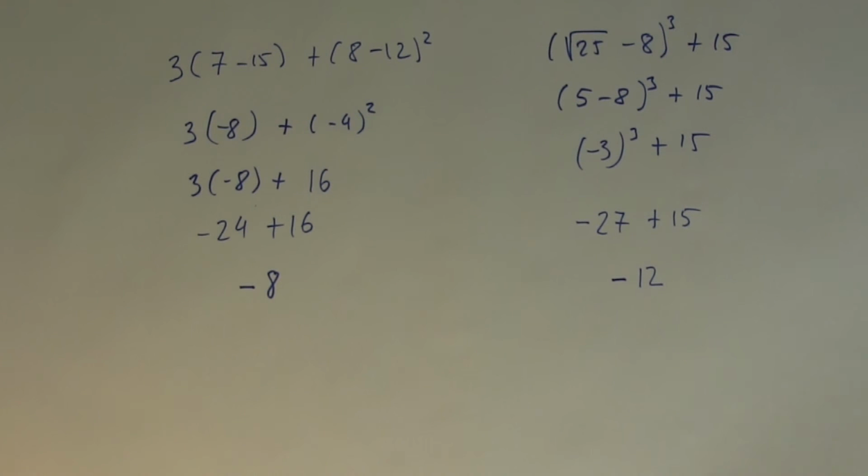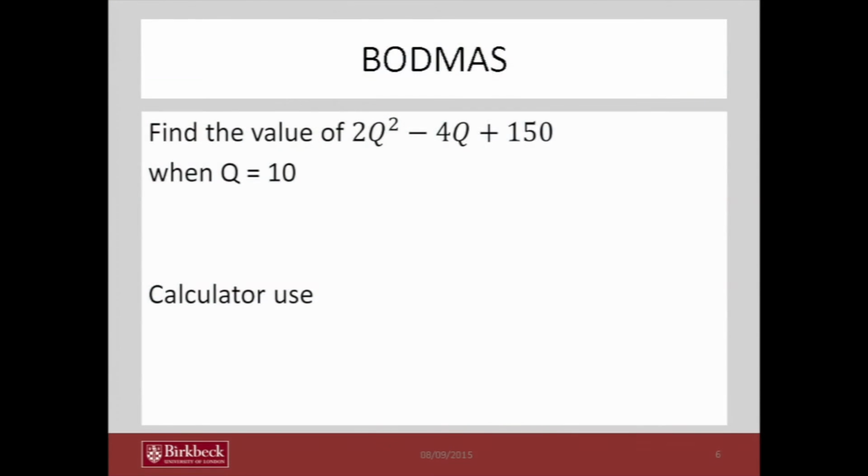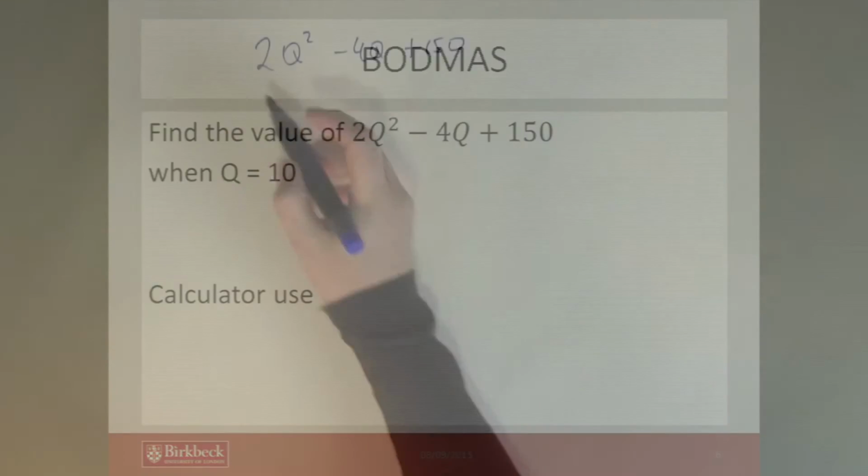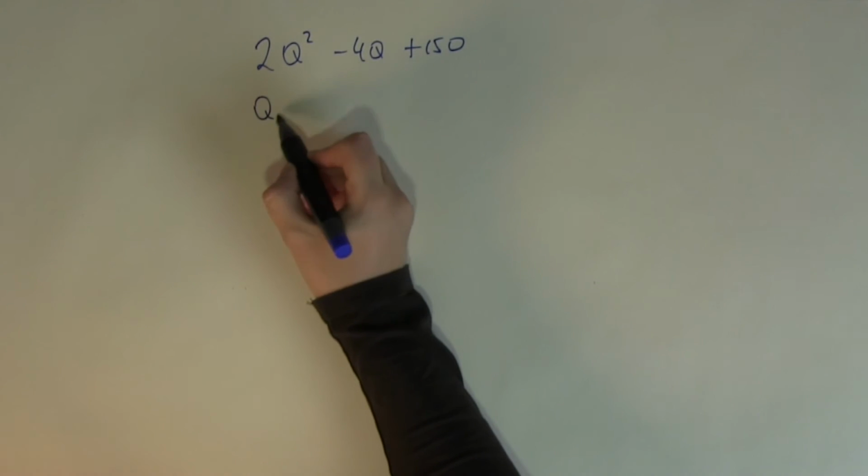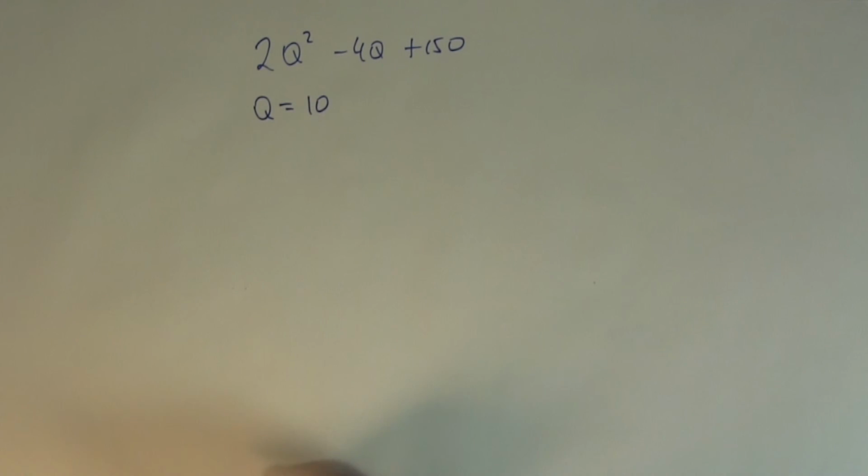Let's look at some examples that are a little bit more familiar and come from the subject of economics. So let's say that you were given a function 2q squared minus 4q plus 150 and need to find the value of this function when you know that q is equal to 10.